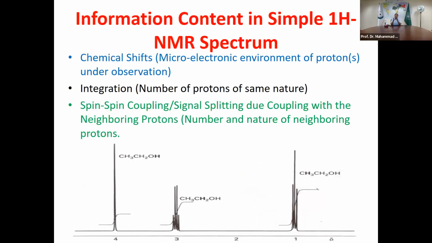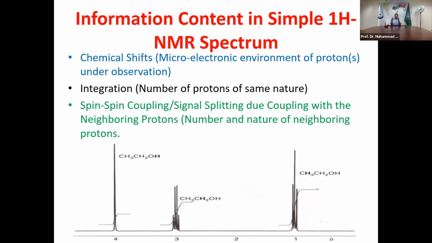Information content in a simple proton NMR spectrum: chemical shift. This is what chemists are looking for, because chemical shifts represent chemical environment.